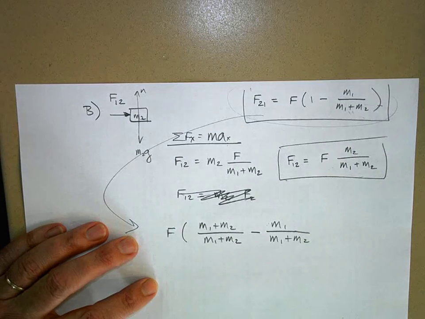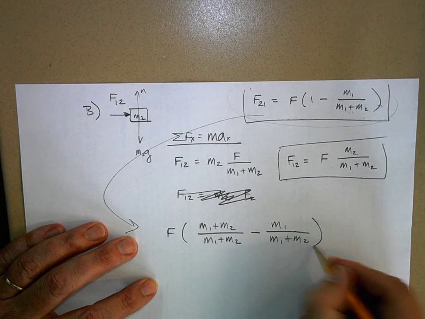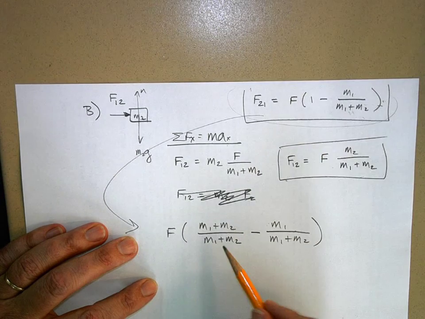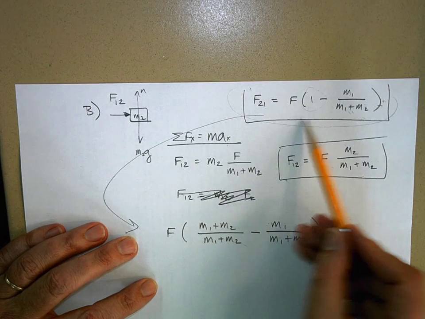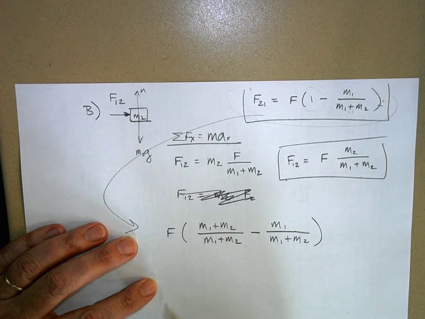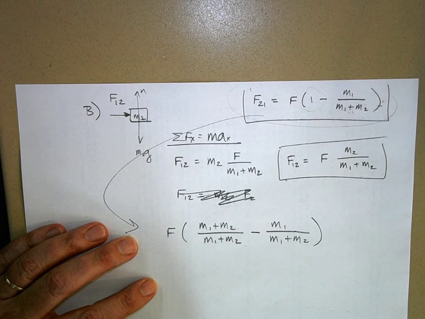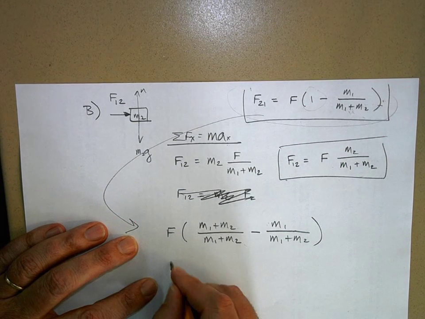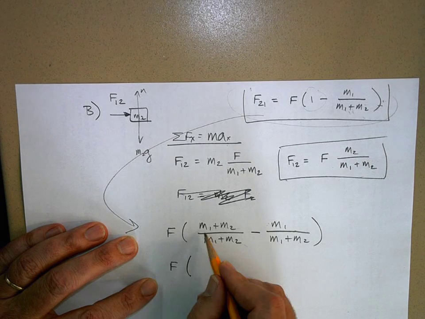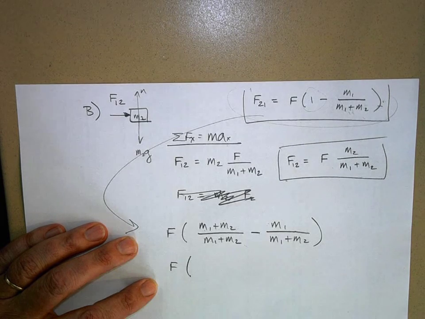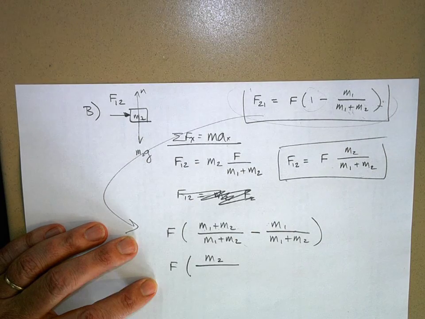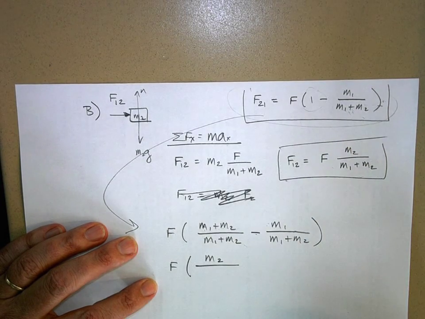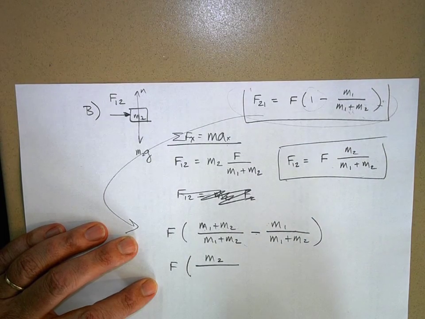Y'all see what I did there? I'm just taking this, say here's 1. Well, 1 can be written this way. I'm going to subtract these, and I need a common denominator to do that. Well, what is M1 plus M2 minus M1? M1 minus M1 is 0, and then I just add M2 to 0, and I get M2.